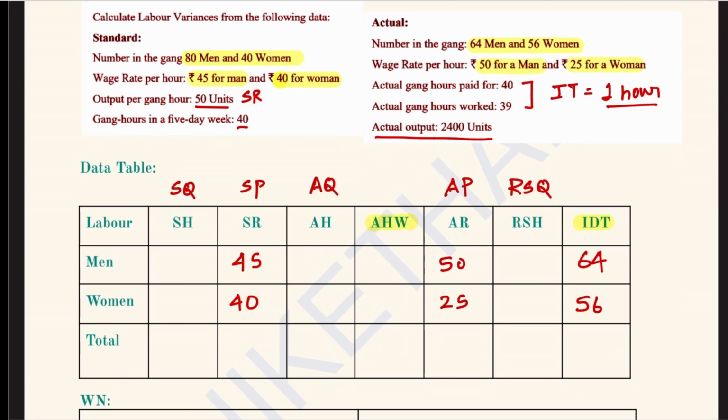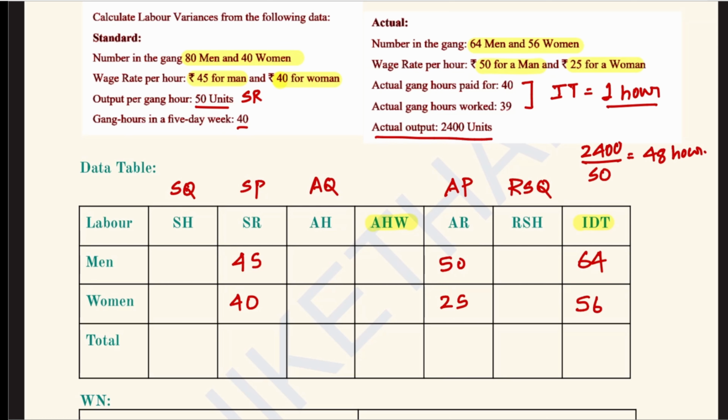This will help me calculate my standard hours. For the actual quantity, 2400 units were produced, and per hour I produce 50 units. So how many hours are there? 2400 divided by 50 will give me 48 hours.